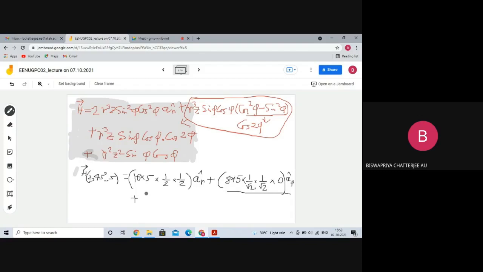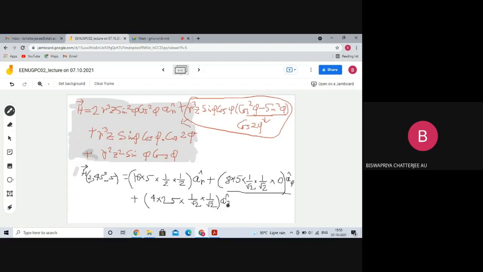And the final term is r square z square, so it will be 4 into 25 into 1 by root 2 into 1 by root 2, AZ cap.